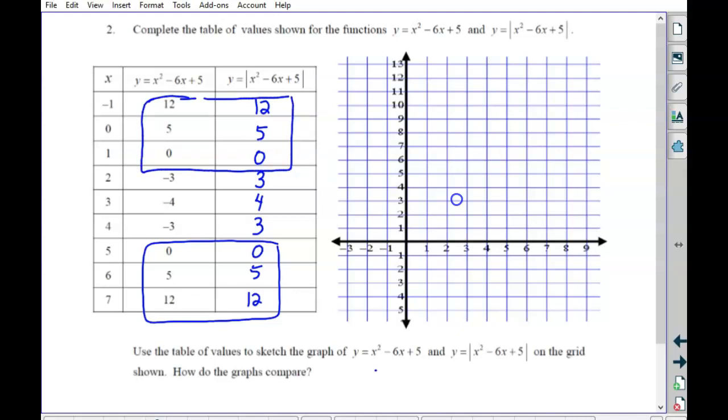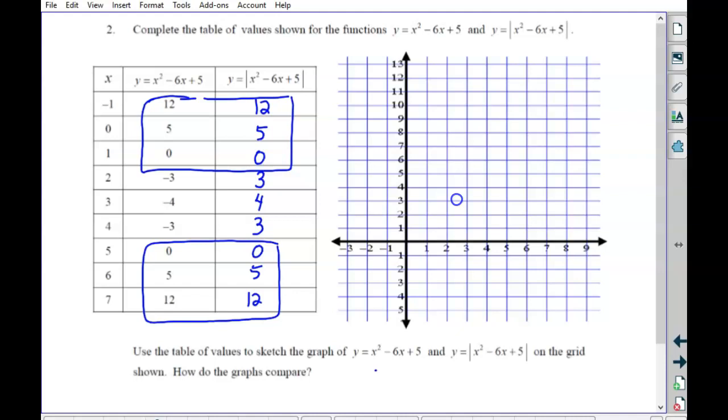Okay, it says use the table of values to sketch the original graph and the absolute value. So the original, this here, we have a table of values. Alternatively, you could factor it and then graph it. You could put it in completed square form and then graph it.